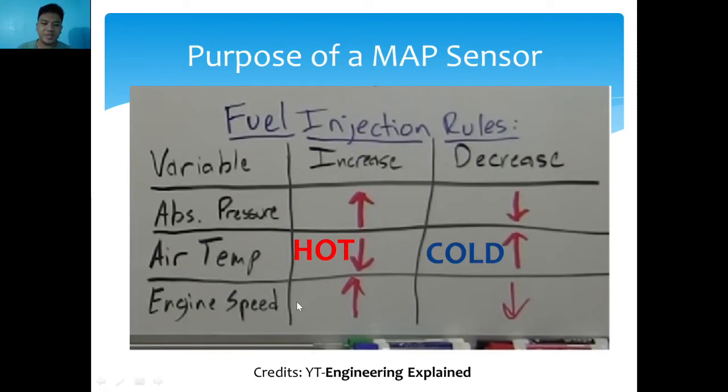And again, engine speed, this is pretty self-explanatory. When the engine is at high RPM, you need more fuel because it's spinning faster. And when it decreases and there's less rotation, less fuel is being sent.